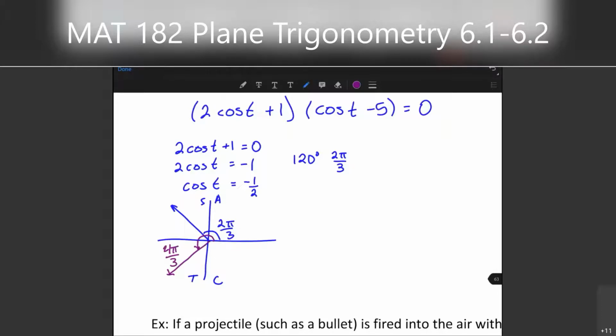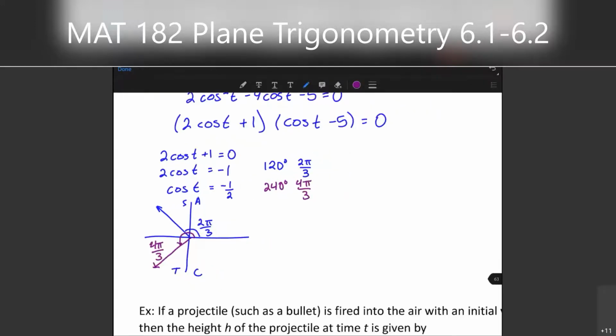So 120 would be one of those, and then we'd have 240 for the other one. So that's really 240 or 4 pi over 3. Okay, looks good. So we have two solutions for that side of the equation.